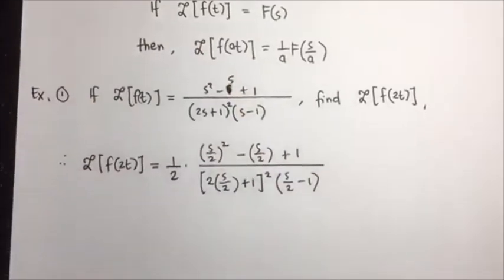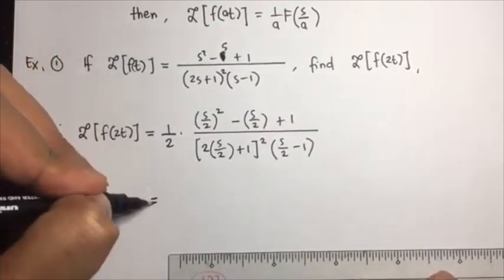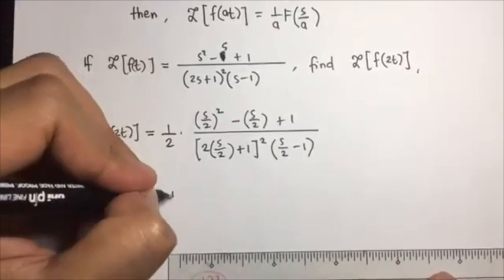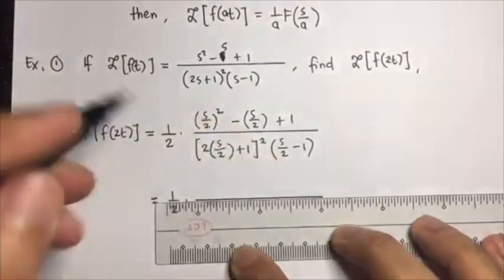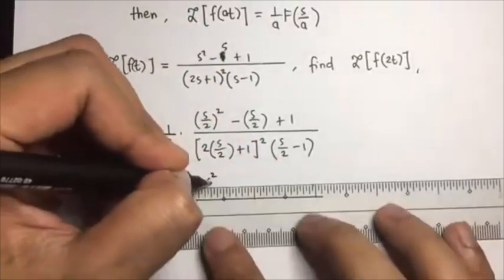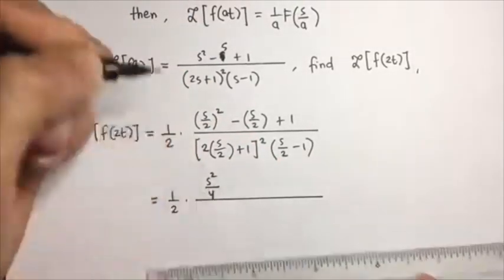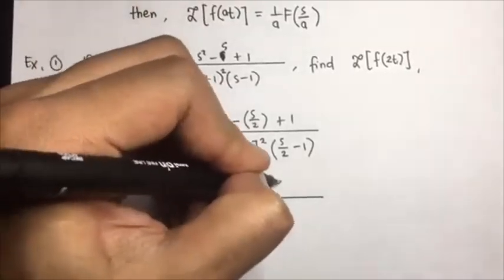From there we simplify it so that the numerator and the denominator do not contain fractions. This will become 1/2 times s squared over 4 minus s over 2 plus 1.